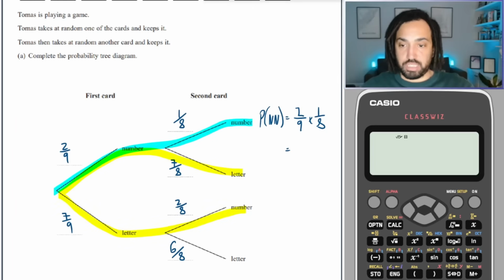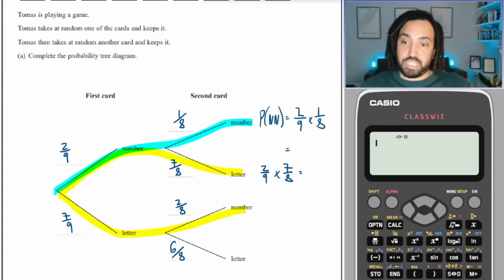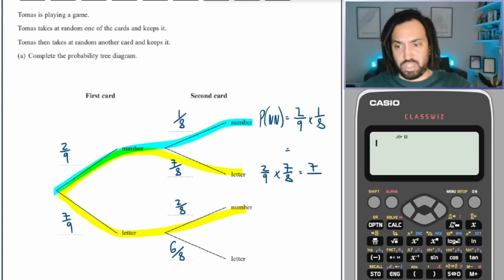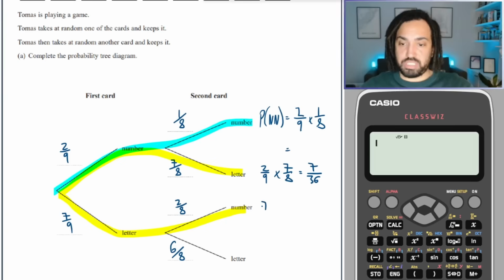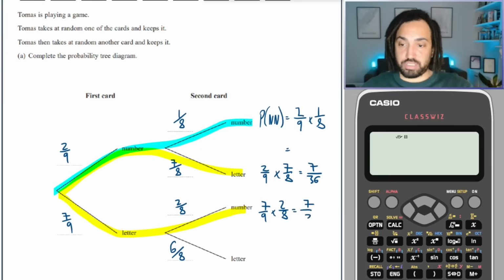So the first one is 2 out of 9 times 7 out of 8, which is the same as 7 over 36. Or this one, which is 7 over 9 times 2 over 8, which is also 7 over 36.